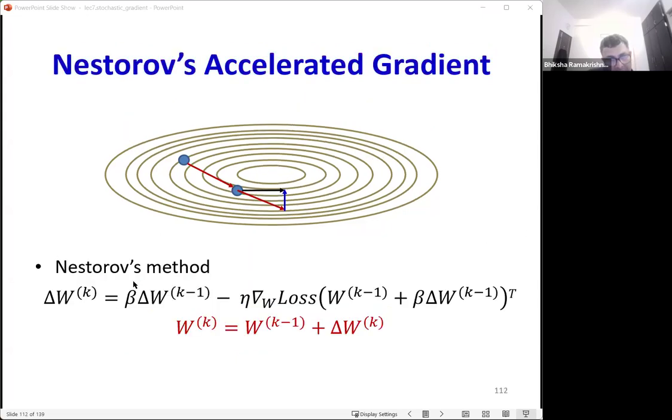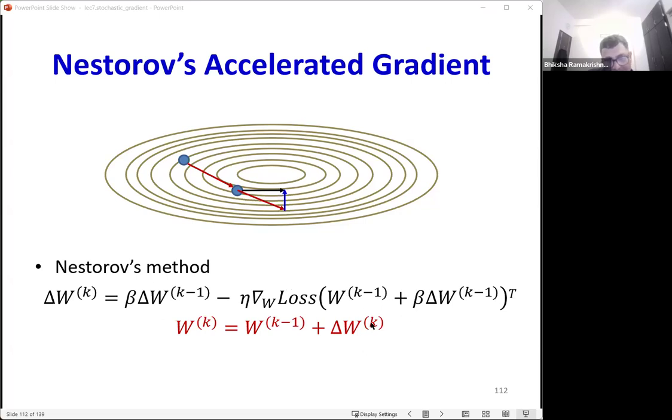So here is the Nesterov's method. From the previous step, you take a step which is beta times the previous step, and then you add some eta times the gradient computed at the new point, which is WK minus 1 plus beta.